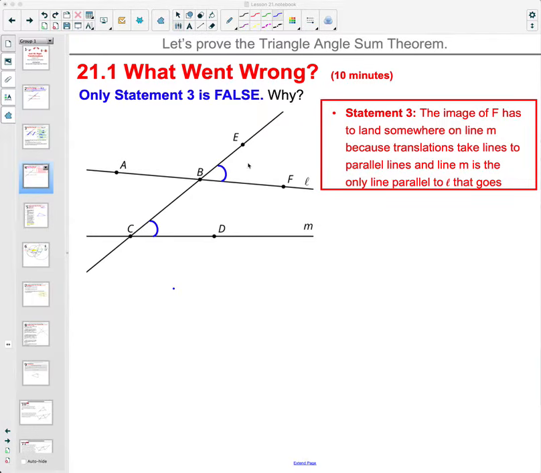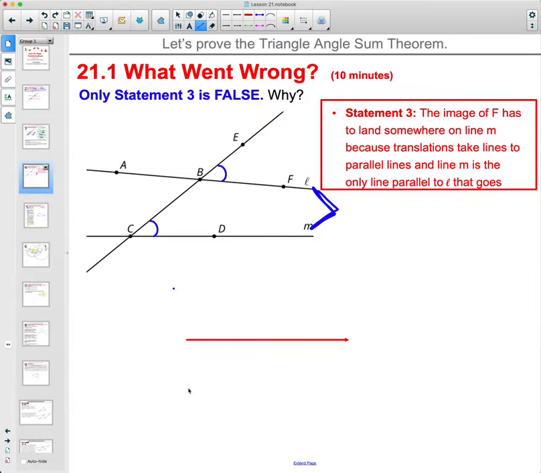So what this is getting at is that all those other statements are true, okay? And where the reasoning went wrong here, of translating this and these two angles being congruent, is that these two lines were not parallel. Okay, if the two lines are parallel, then everything works and you have corresponding angles that are congruent. So these two lines must be parallel to each other for the corresponding angles to be congruent.